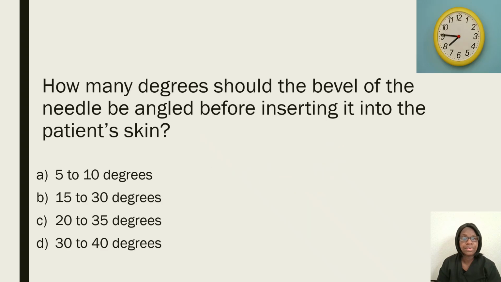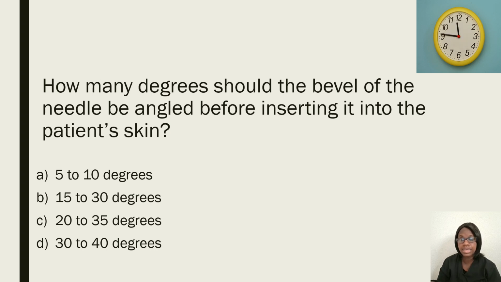Okay, for the first question, how many degrees should the bevel of the needle be angled before inserting it into the patient's skin? Is it 5 to 10 degrees, 15 to 30 degrees, 20 to 35 degrees, or 30 to 40 degrees?